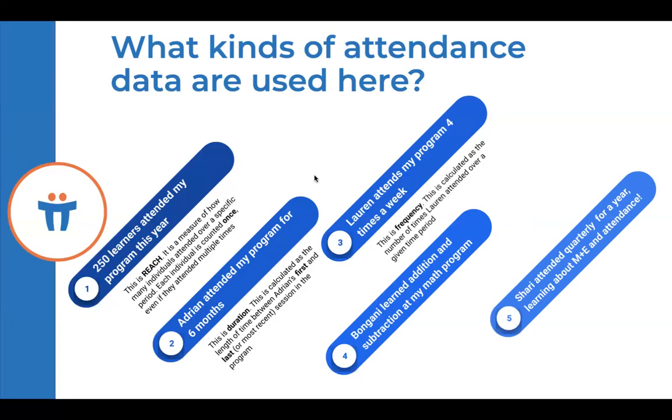Thank you, Ingrid. So here we're talking about the regularity, the frequency with which people attend our program. And those 2 metrics are really useful in themselves, but they combine into a much more useful metric down the line. So number 4 is that Bongani learned addition and subtraction.